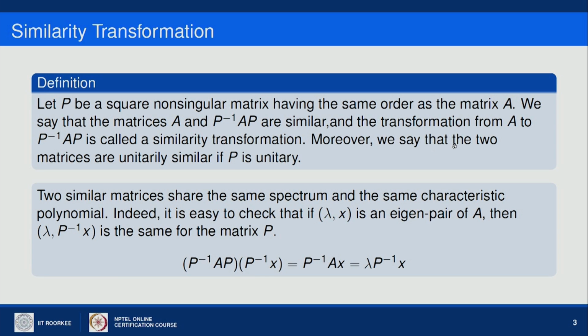Moreover, we say that the two matrices are unitarily similar if P is a unitary matrix.